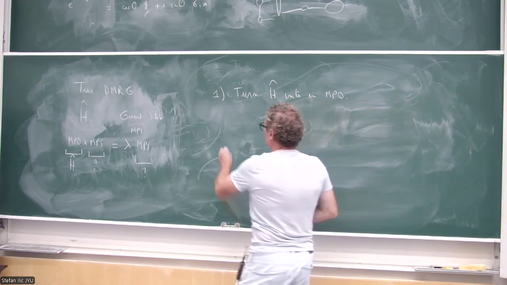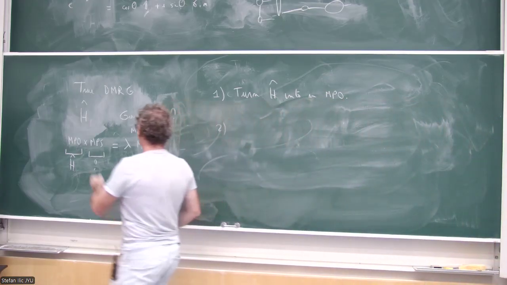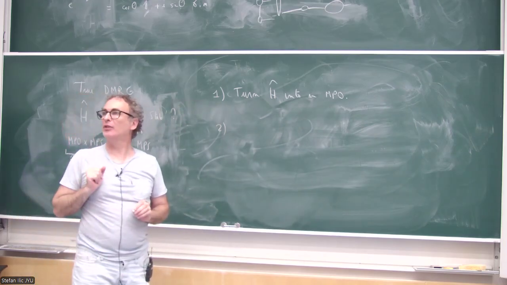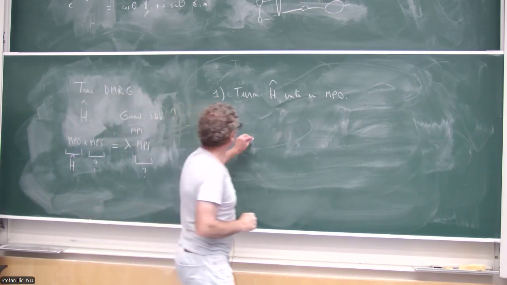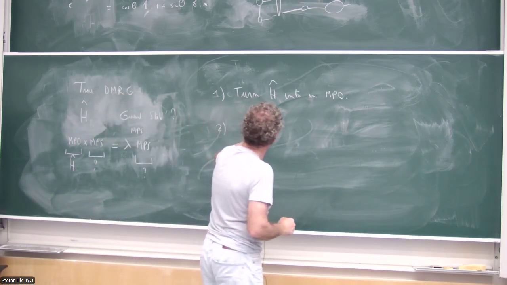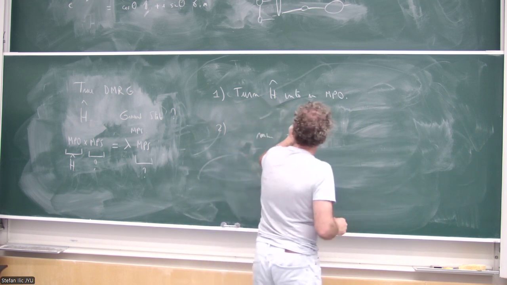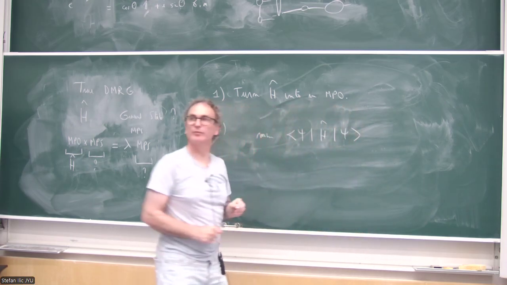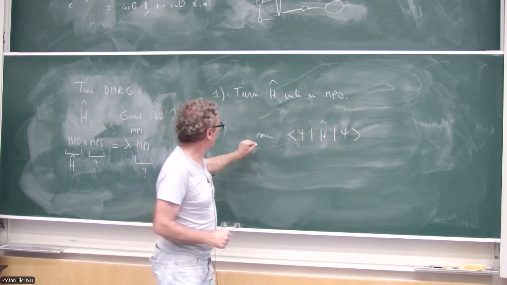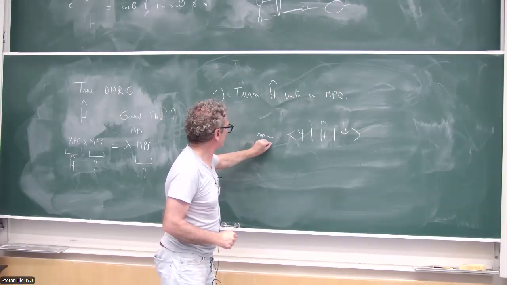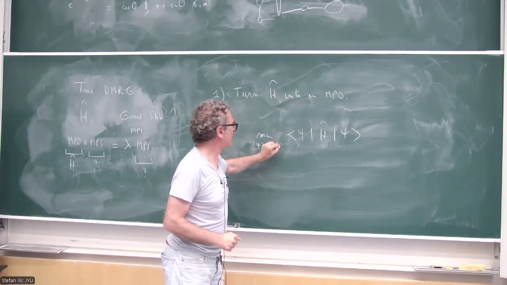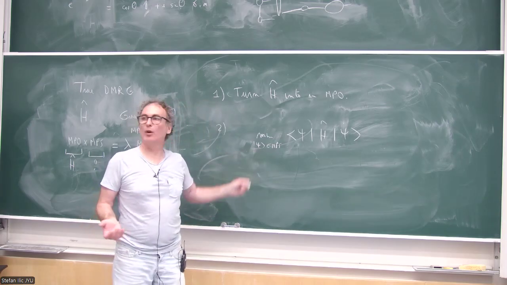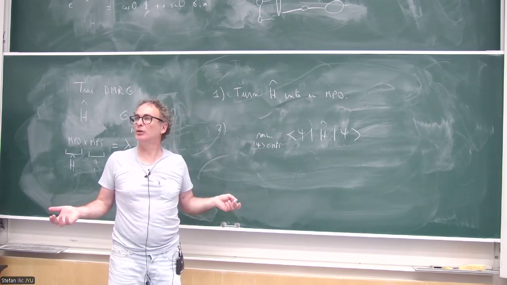And then, we need to find a way to solve eigenvalue problems. Since we are only interested in the ground state, what we are really going to do is minimize psi H psi, with psi an MPS. If you minimize over all possible psi, then you get the actual ground state.